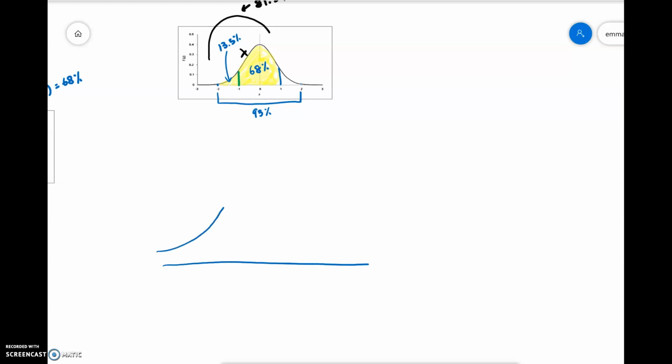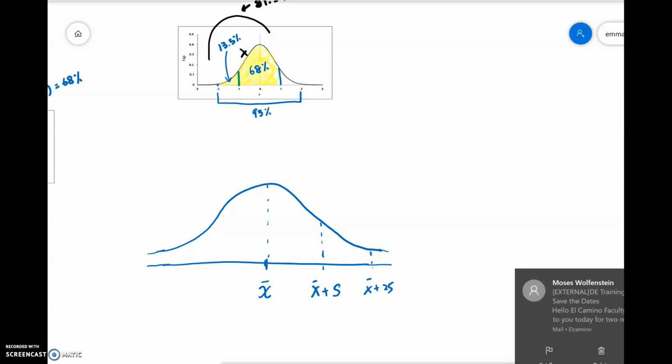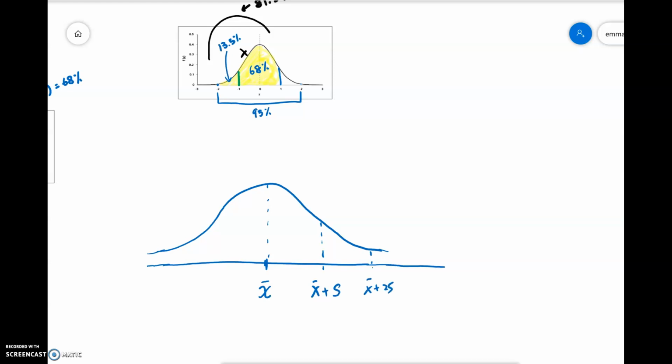Then for any normal distribution, I always need to find the mean in the center, and then add a standard deviation and subtract a standard deviation from both sides of the graph.